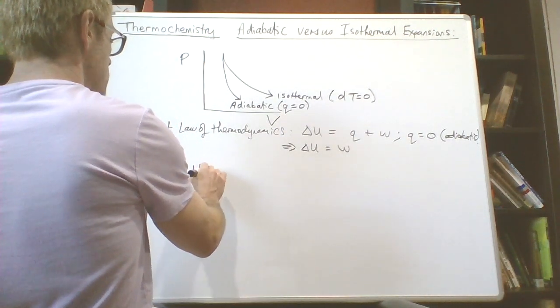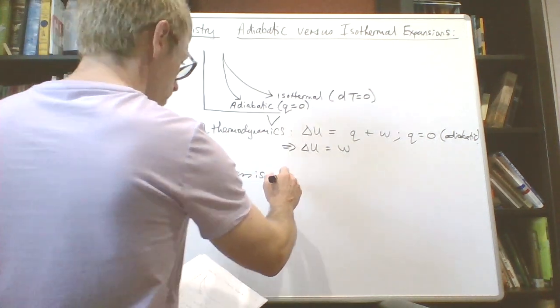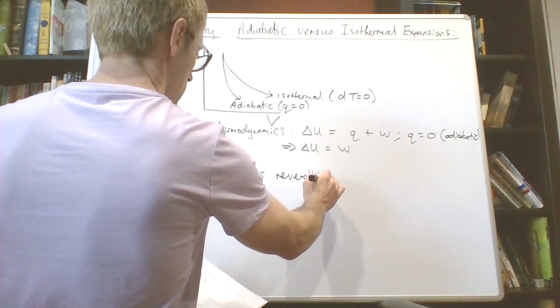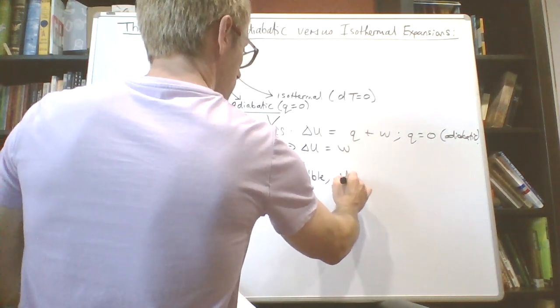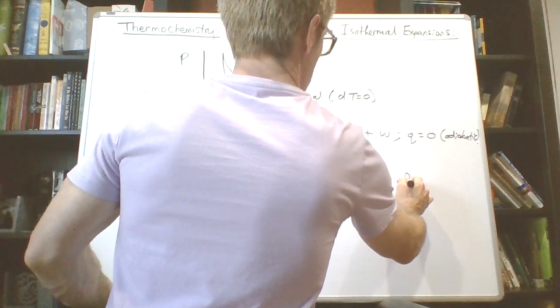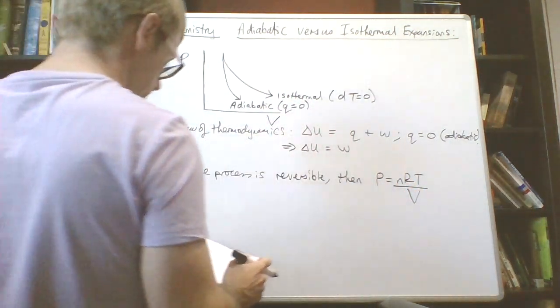So if the process is reversible, then we can say that pressure is nRT over V, the ideal equation of state.